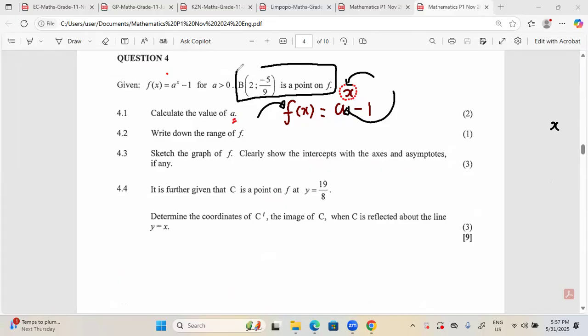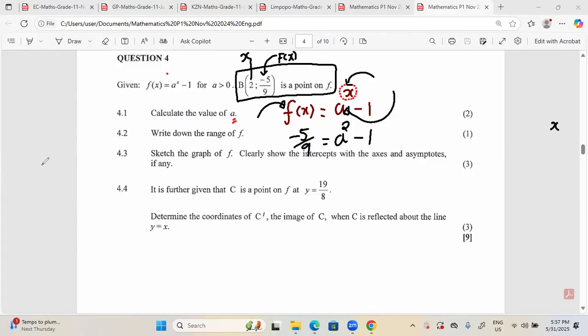So I'm going to say this 2 is my x, and this minus 5 over 9 is my y, my f of x. So f of x, it's minus 5 over 9, equals a to the exponent x. x is 2. a to the exponent 2 minus 1.